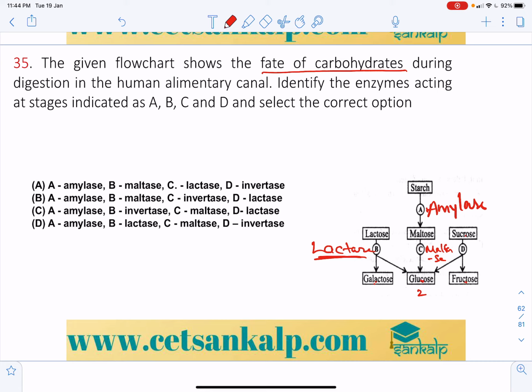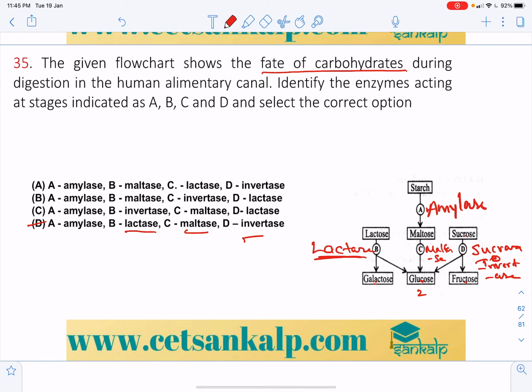So that is sucrase, the other name of which is invertase. Sucrase is also called invertase. Now look at the answer: A is amylase in all the options, B is lactase, which we can see in option D, C is maltase, and D is invertase.